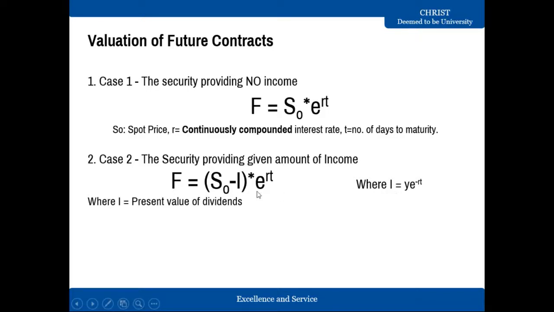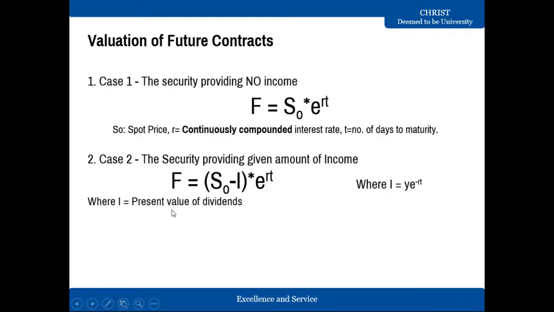Here the index is not going to come in; usually it will be a stock. So you can see I is equal to Y e to the power of minus RT, where Y is the dividend, and e to the power of minus RT gives the present value at the risk-free rate of return and the time they are going to pay.